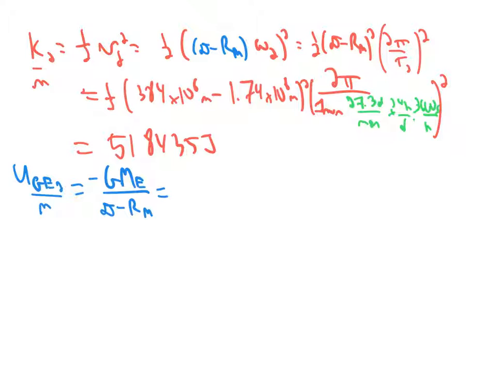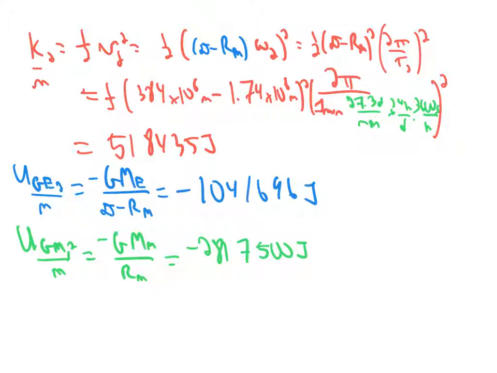The potential energy due to the Earth per unit kilogram is going to be minus G mass of the Earth over the distance between the satellite and the center of the Earth, which in this case is now the distance between the Earth and the Moon minus the radius of the Earth, minus the radius of the Moon, and that number comes out to be minus 104,1696 joules.